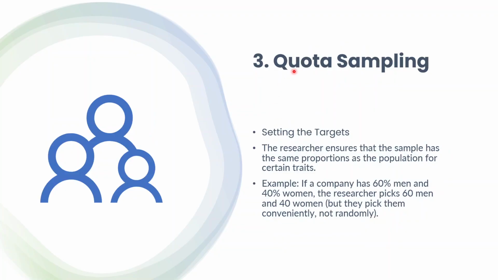Then we have something called quota sampling. Here, setting the targets is important. The researcher ensures that the sample has the same proportions as the population for certain traits. Let me say, in the entire college, we see that we have 80% girls and 20% boys.